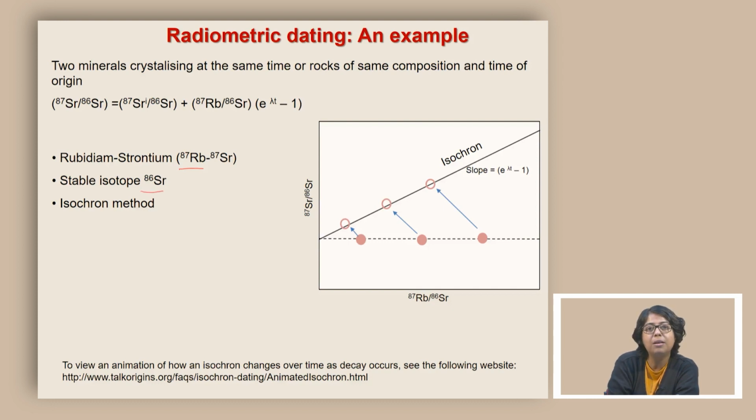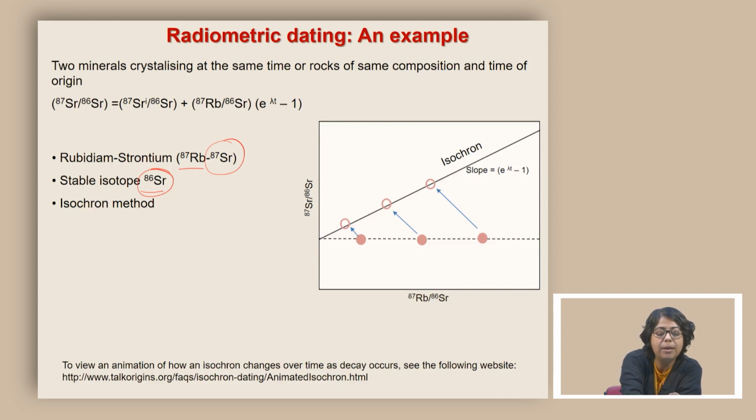So, using the previous idea, we are simply going to divide that initial formula, 87 strontium equals 87 strontium initial concentration plus 87 rubidium times e to the power lambda t minus 1, by 86 strontium. This is the stable form of strontium, which has not been generated due to radioactive decay.